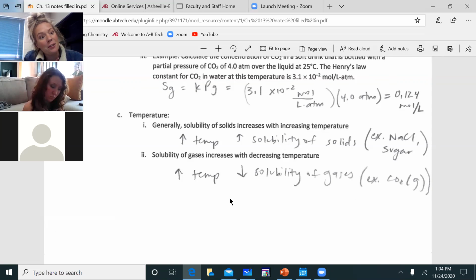We usually like to have it served cold. Why? Because it keeps the drink fizzy for longer. It keeps it more effervescent. If you have a warm can of pop or a warm beer, you will notice that it goes flat really, really quickly. It's because the liquid can't hold on to the gas. The gas can't stay dissolved. So warmer temperature, less solubility of gases. Colder temperature, we're going to keep that fizz, or keep the gas longer in solution.